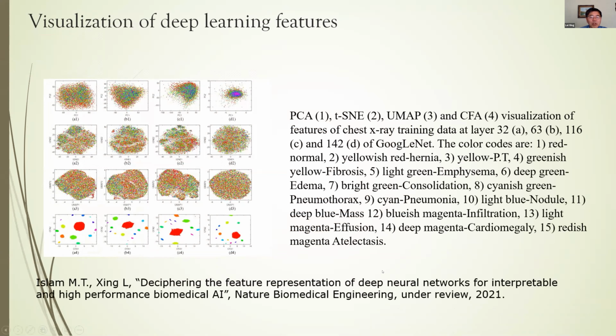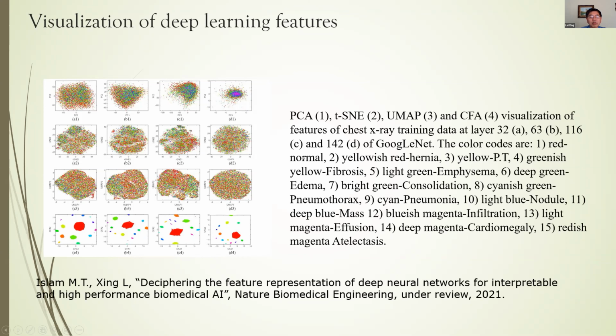Even worse, you get a result and you don't know whether it's right or wrong. So visualization of the features is very important. Currently there are many techniques, right? PCA, TSNE, UMAP, etc.